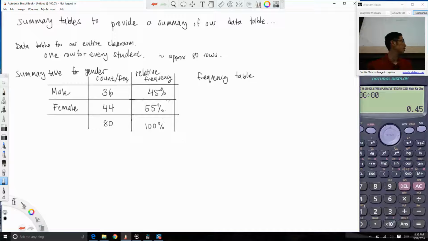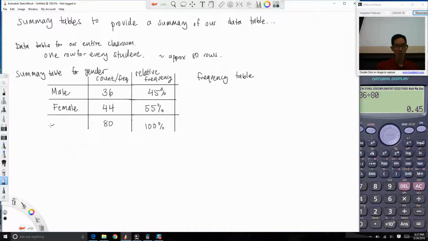So this is called the relative frequency table. So if you have this column, it might be a frequency table, or with the other thing, we can call it a relative frequency table. Okay. This is still a summary table. It's a summary table because we do not have 80 rows, okay? We only have 2 rows, or maybe 3 rows if you count the total row.